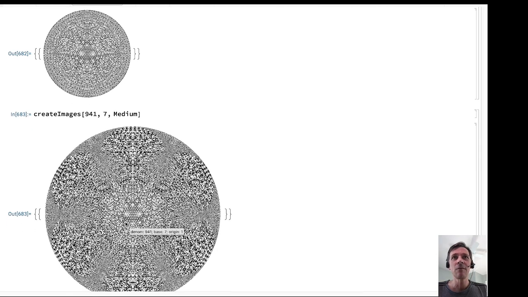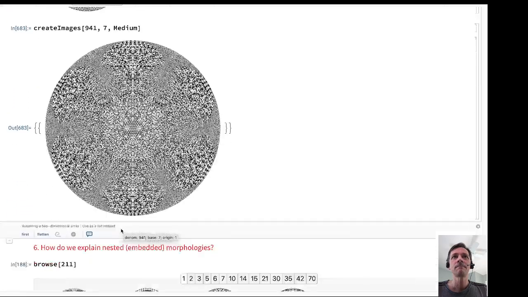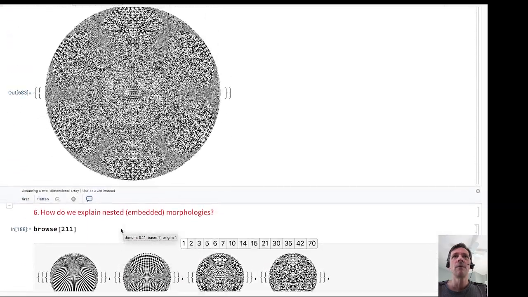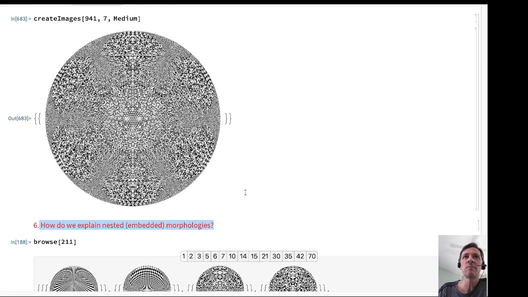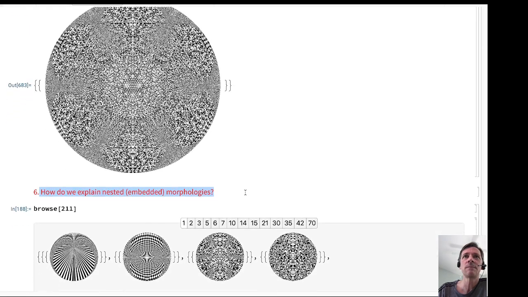And at this very high resolution, you can kind of see what I was talking about earlier, that there are these nodes forming. To me, this looks like a Venus of Willendorf type character. All right, so that's the 6th question: how do we explain these nested or embedded morphologies? And maybe that can be explained with modular arithmetic.